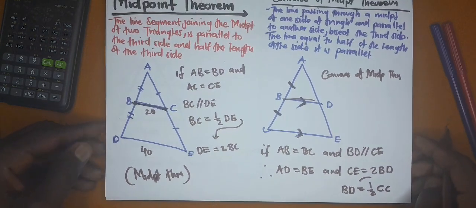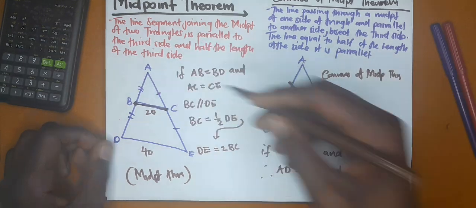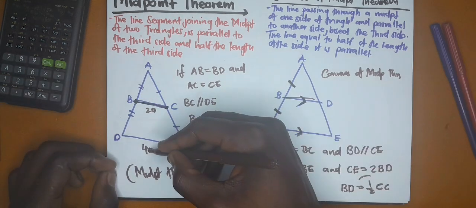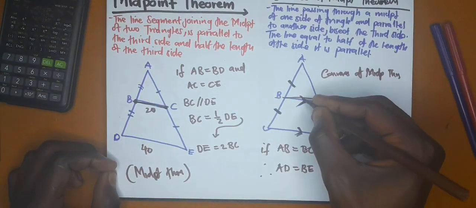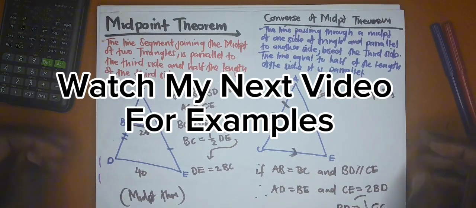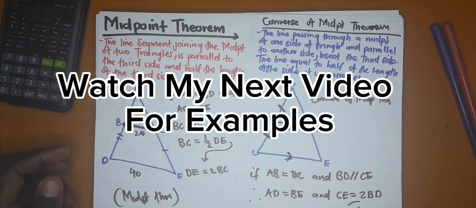I'm repeating this, I want you to pay close attention. These two are different. In this one, you are given that two sides are equal, and you are required to prove this side and this side, and also the parallels. In this one, you are given the parallels. This is the converse of this theorem. So let's take a look at the examples so you can understand how to apply this theorem.